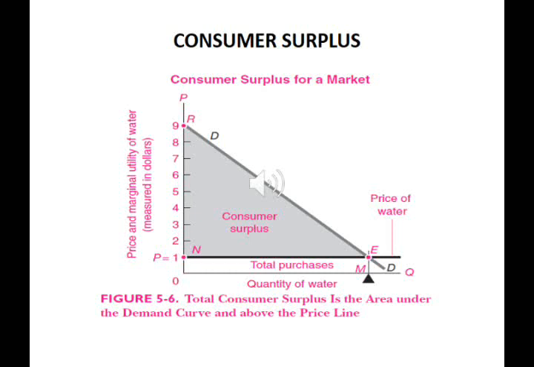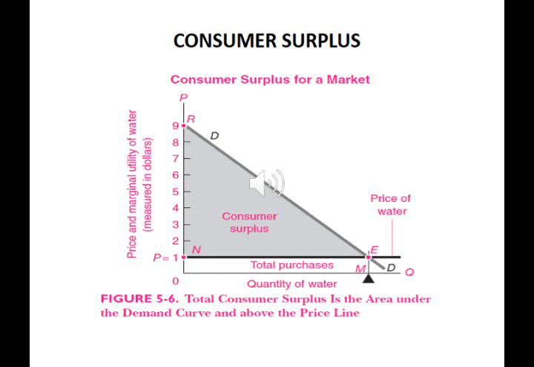If we move forward again, 3 bottles of water, how much will he be willing to pay for it? We move from quantity equal 3 until we reach the demand curve, and we move to the left to see the price, and we find that for 3 bottles of water the consumer will be willing to pay 6. This means that the marginal utility he is getting from the third bottle of water is 6.